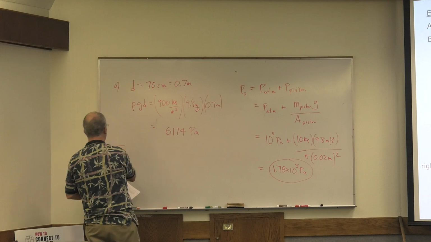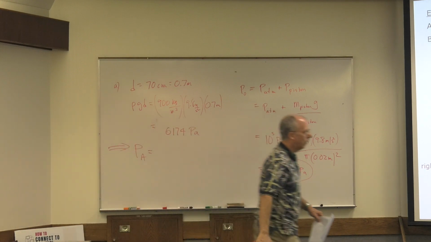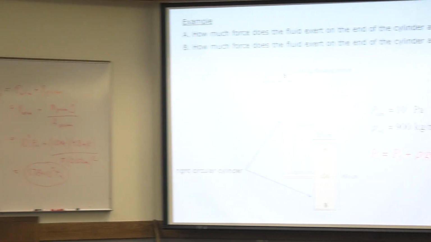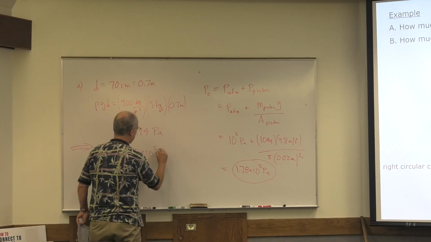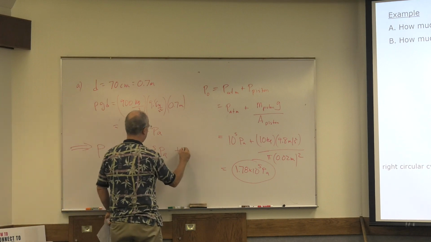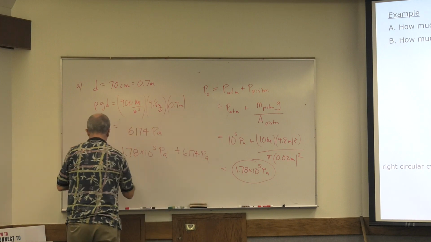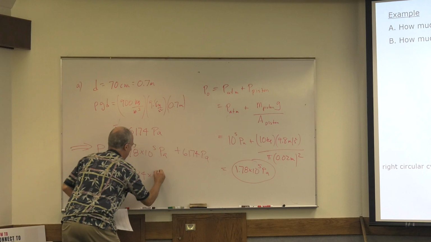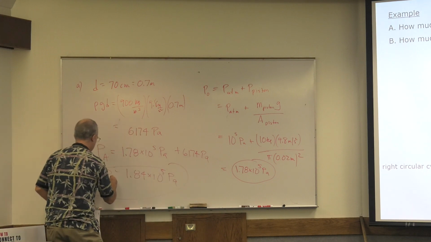So the pressure at A is P0, which is 1.78 times 10 to the 5th pascals, plus rho g d, which is 6174 pascals. And you get basically 1.84 times 10 to the 5th pascals. That's the pressure at point A.